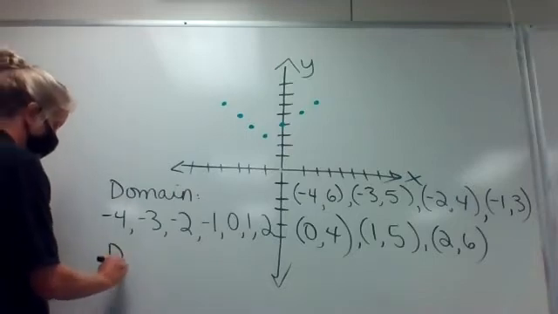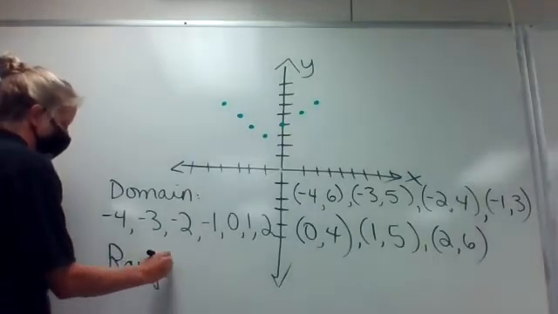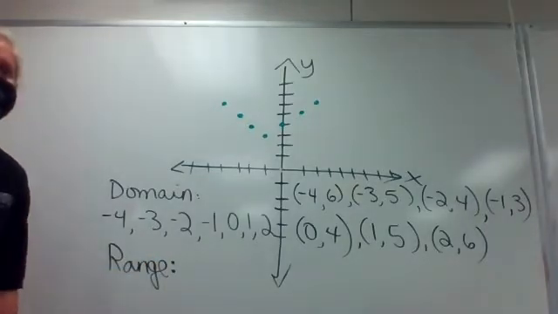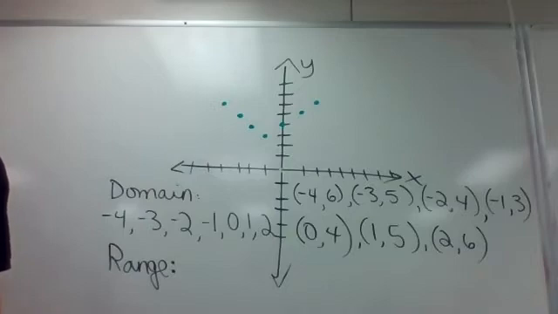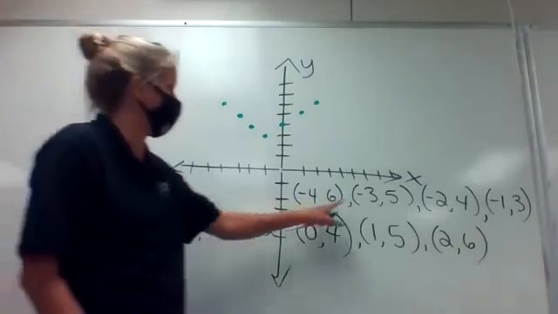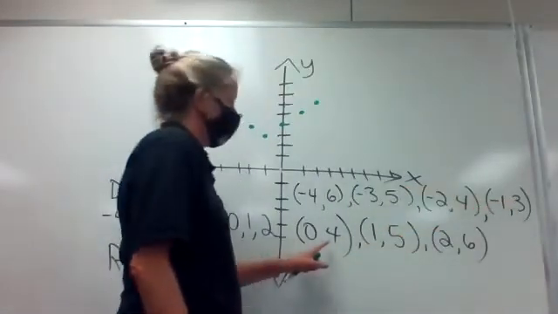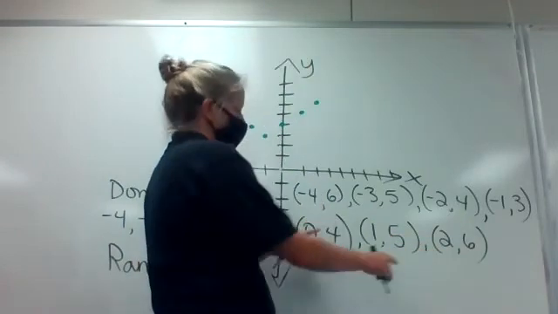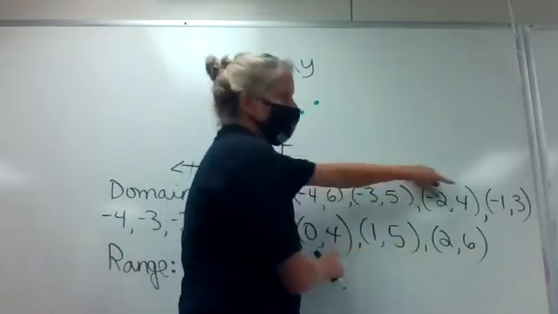Now your range is just the y values, and again, list your y values. If you see one listed more than once, there's no reason to write it twice. Let's see, I've got 6, 5, 4, 3, then I have 4, 5, 6. So 4, 5, and 6, I see twice.